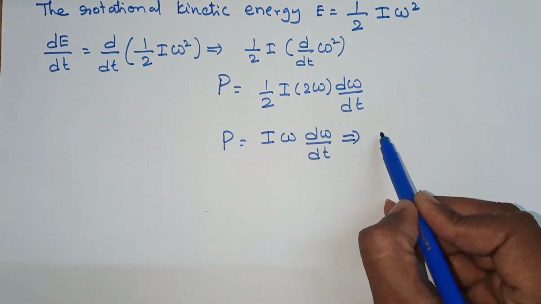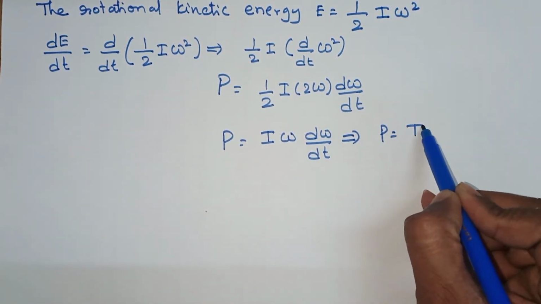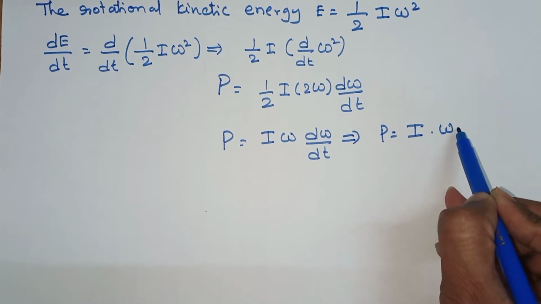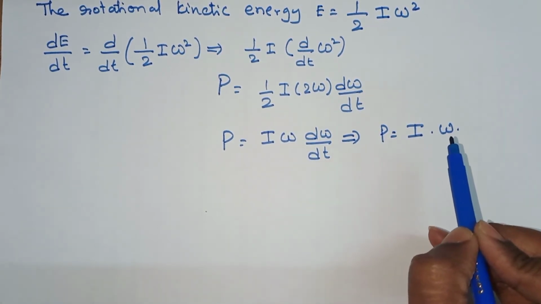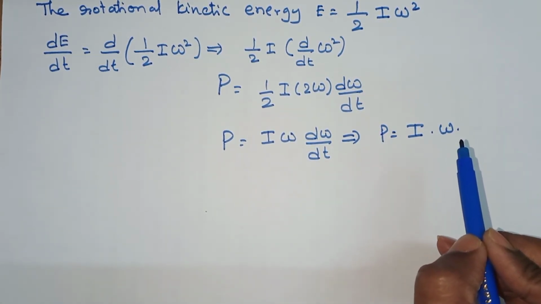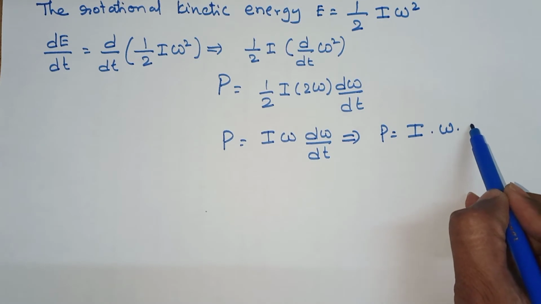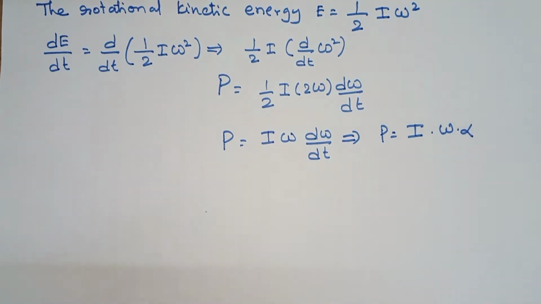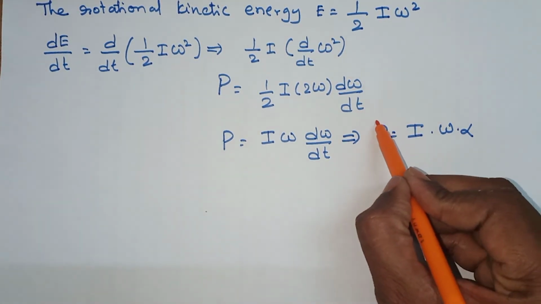The rate of angular velocity is called angular acceleration, so power is I omega alpha.